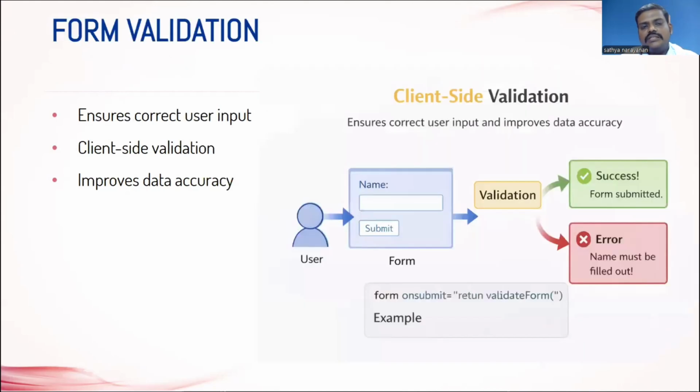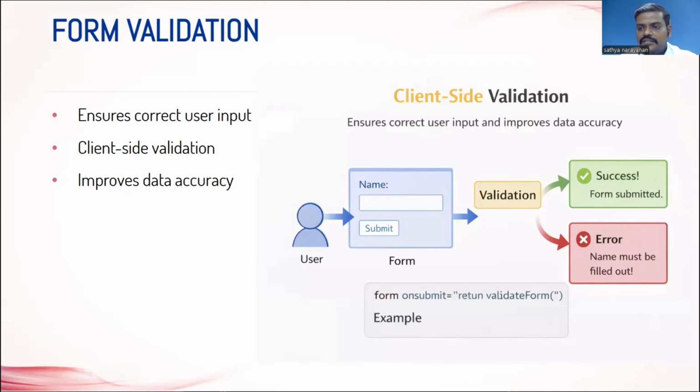Next one is form validation. It ensures correct user inputs. In this slide I have mentioned the diagram. You can see a user gives a name and submits, and it is automatically validated.